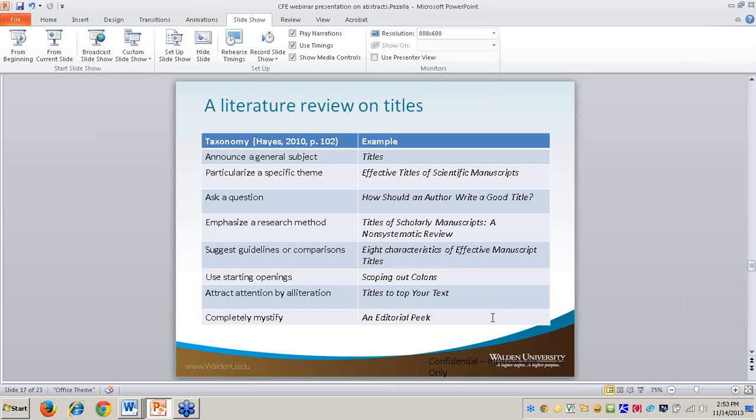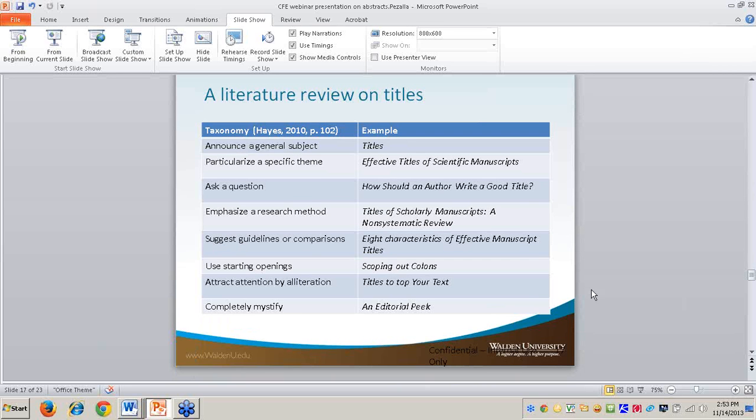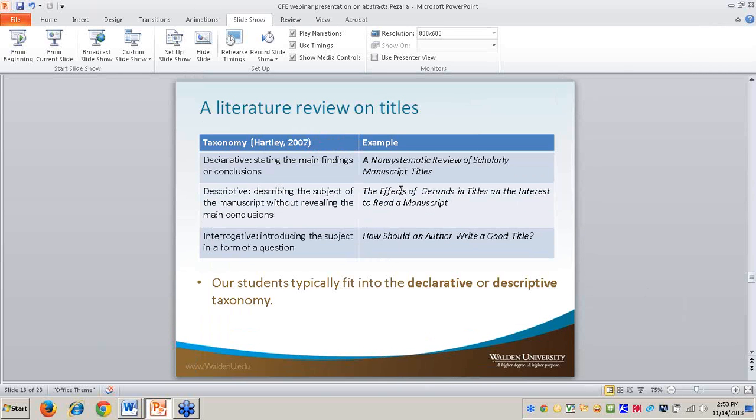Typically those title types are discouraged in scholarly writing. What we tend to see in our titles are these three types: declarative, descriptive, and interrogative, mostly fitting into the declarative or descriptive taxonomy.